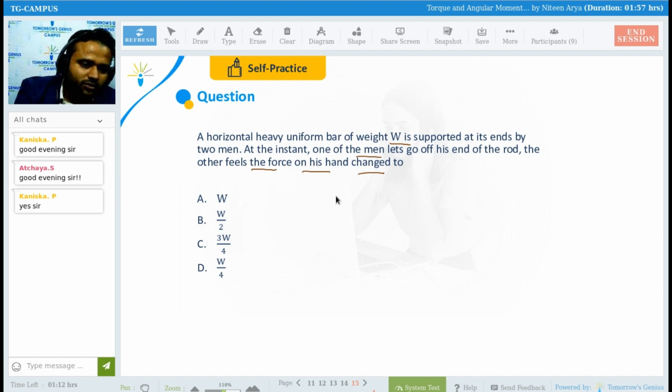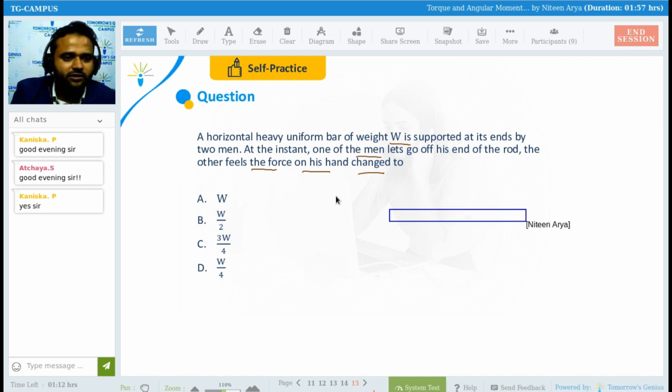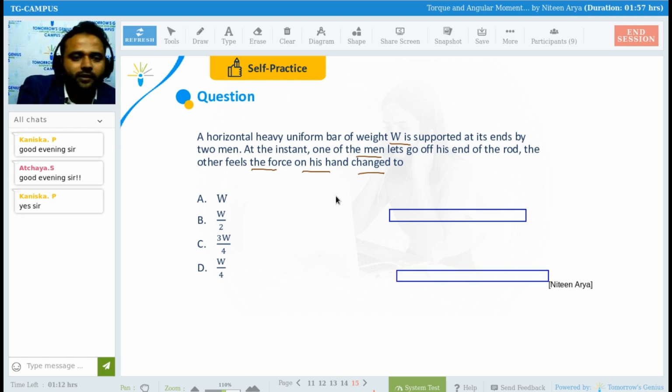and it is going to give you a new normal force, and you need to find this new normal force at A, the position which is going to topple up. Clear? Simply, there is an initial condition, in which the two men are holding the rod. In the final condition, when this particular person withdraws his hand, the A side is going to go upward.